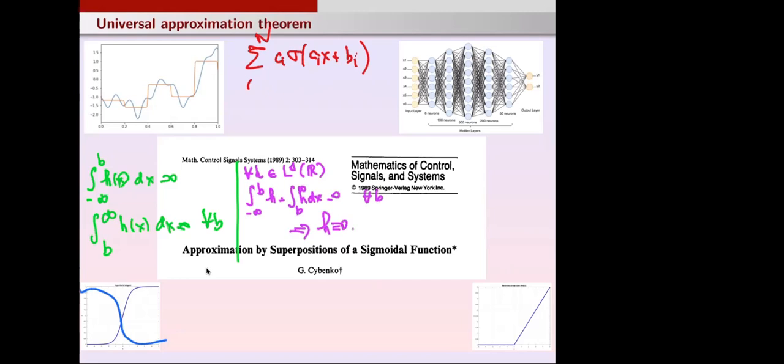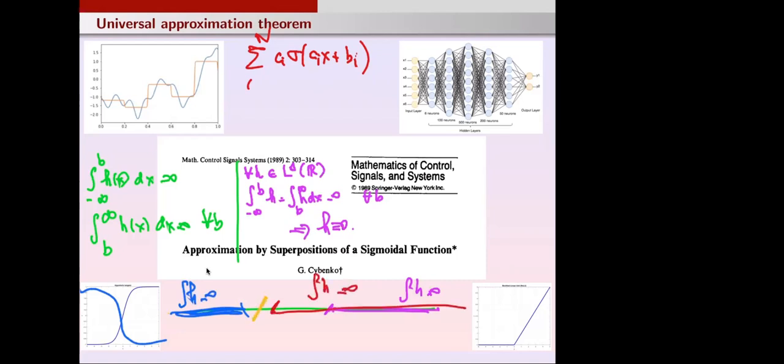Graphically, on the real line, the information I give you about the function is that whenever you choose a half line, this one, then the integral here is 0. Now you choose a different half line like this one, and the integral of h here is 0. You take a different half line, this one, and the integral of h is 0 as well.